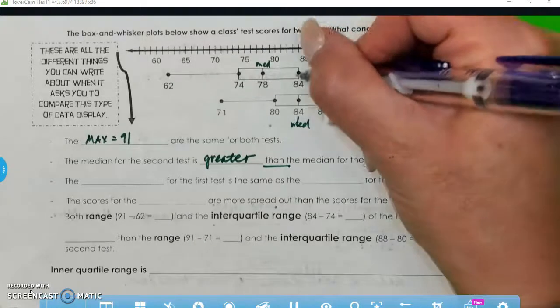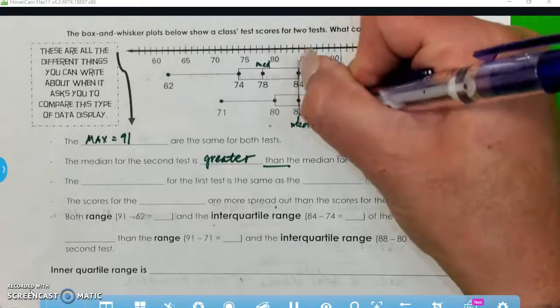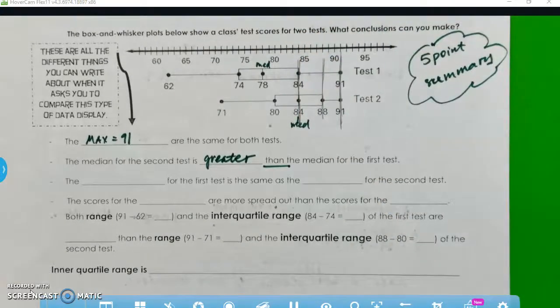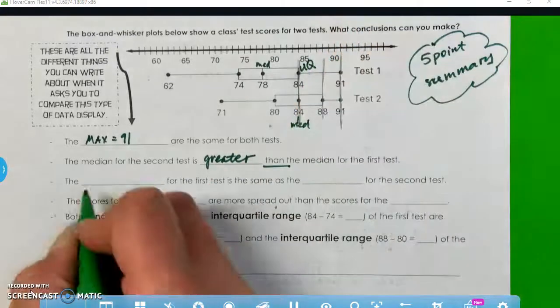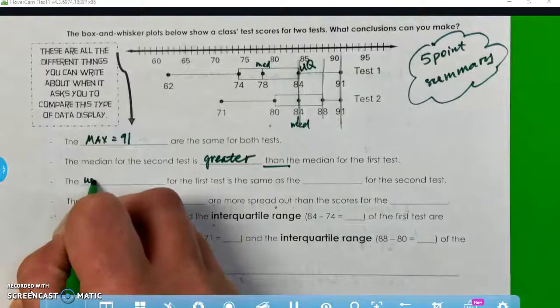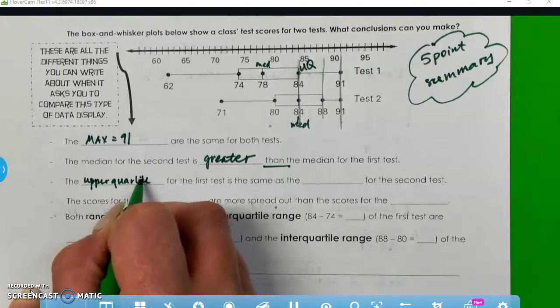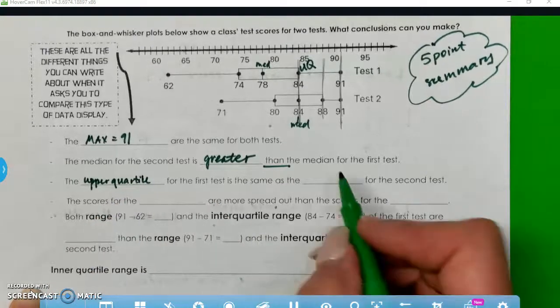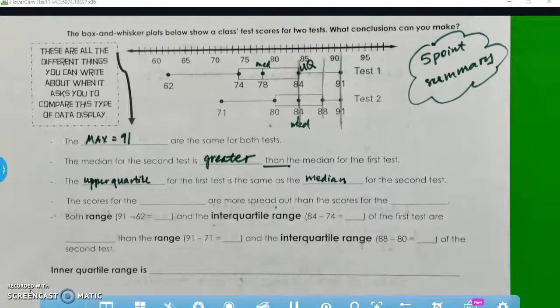The maximum was the same, and yep, this value right here is what they're referring to. In our situation, we call this the upper quartile. Upper quartile for the first test is the same as median for the second test.